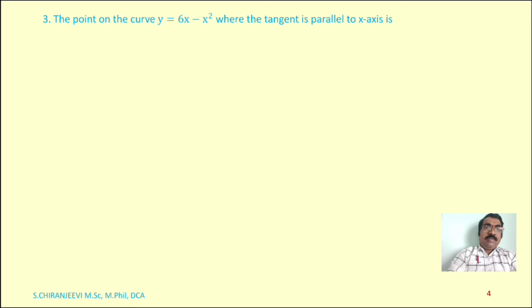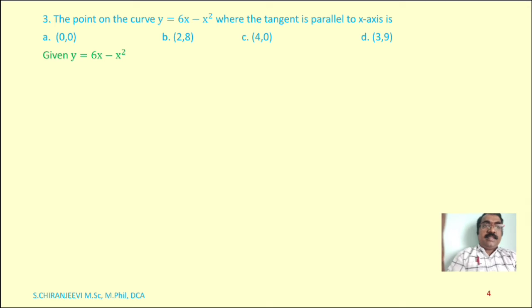The point on the curves y equal to 6x minus x square where the tangent is parallel to x axis is. Options 0, 0, 2, 8, 4, 0, 3, 9. So given y equal to 6x minus x square, dy by dx equal to differentiation of 6x is 6 and minus differentiation of x square is 2x.